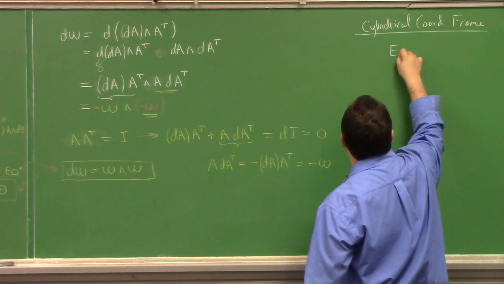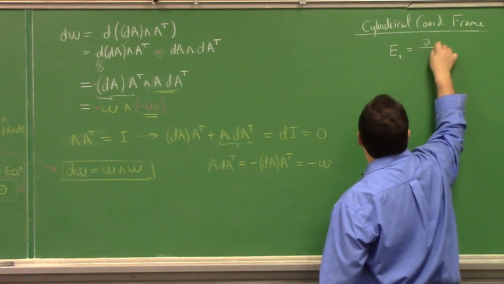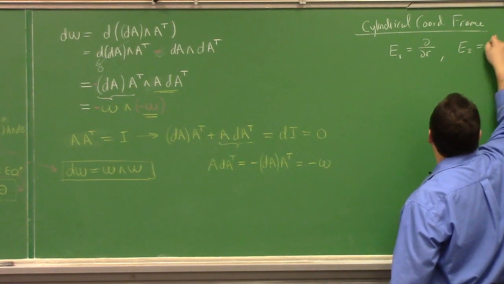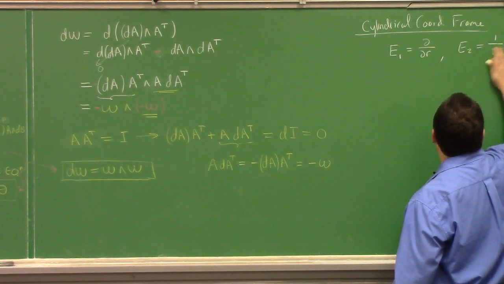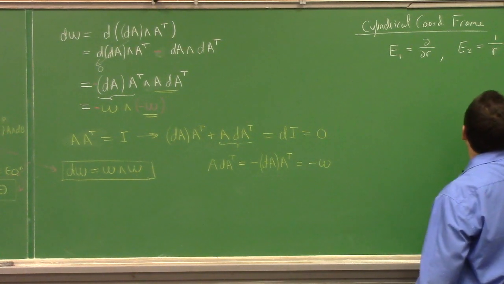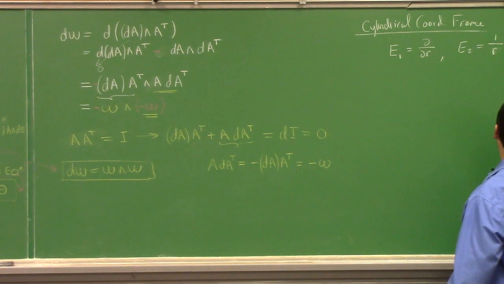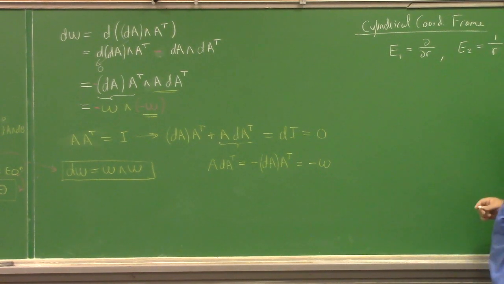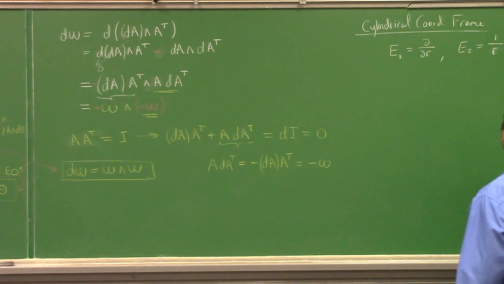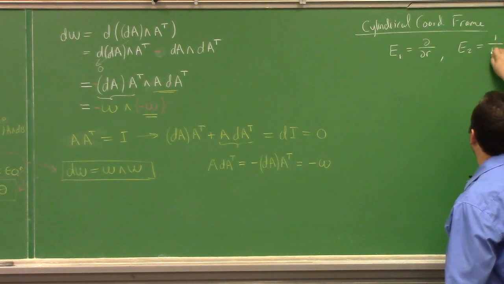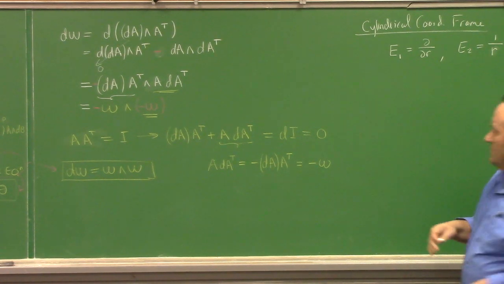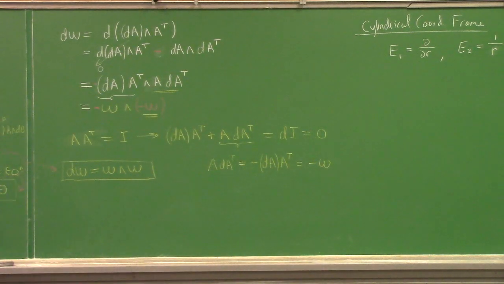We have E1 is partial r, E2 is 1 over r partial theta, and E3 is partial z. In my notes I had a typo: I had r partial theta. There are a couple of typos in this.